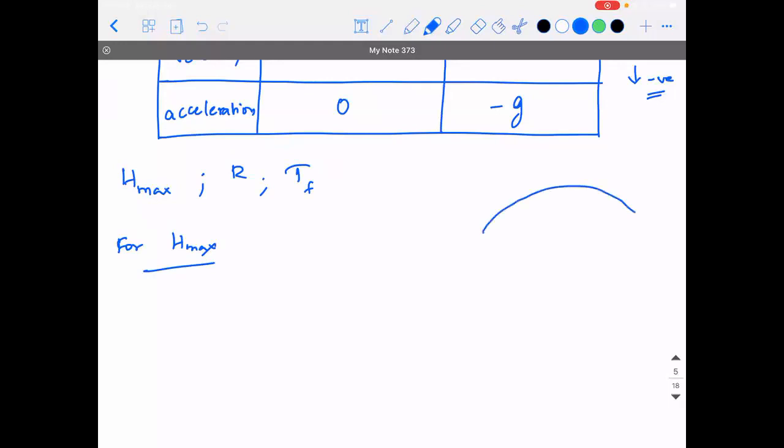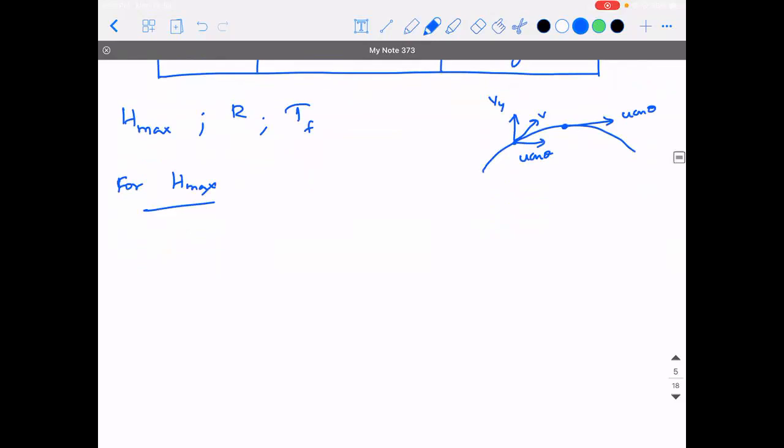When the particle is traveling, if I take a random point and call the velocity here V, then the horizontal component by default is u cos theta, but the vertical component will be something like Vy. It keeps changing from place to place such that at the maximum height, only u cos theta exists and the vertical component is 0. So for H max, can I say that the vertical component of velocity is 0? Is there anyone who didn't understand this point?